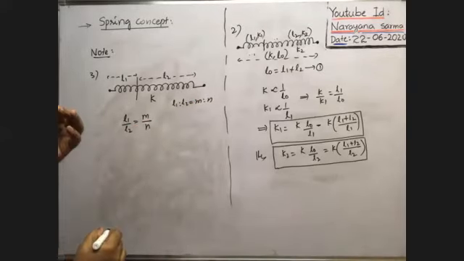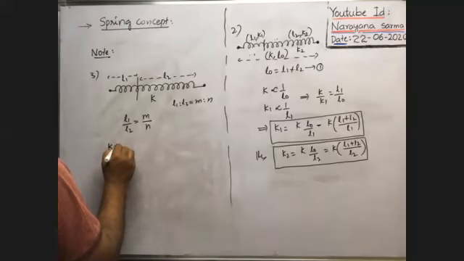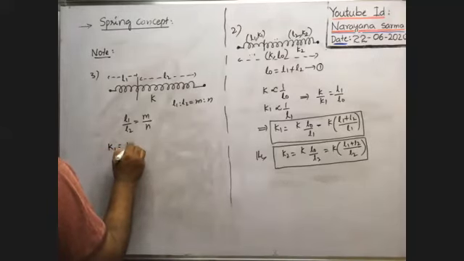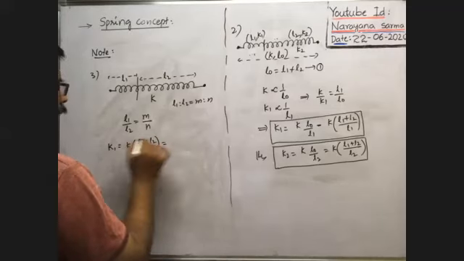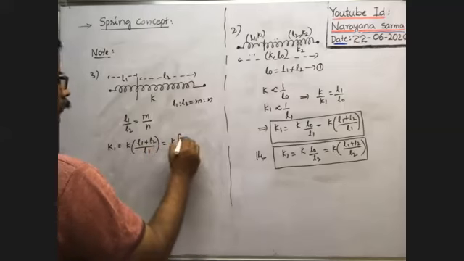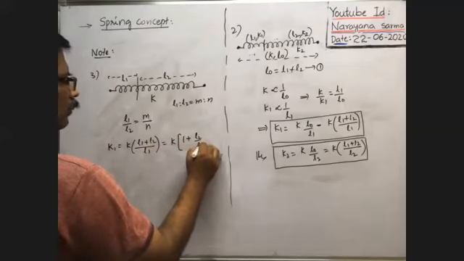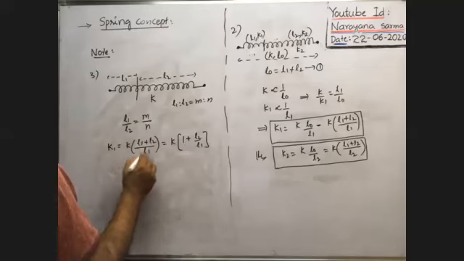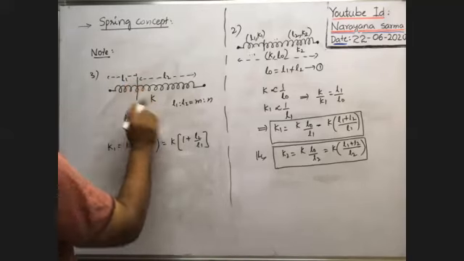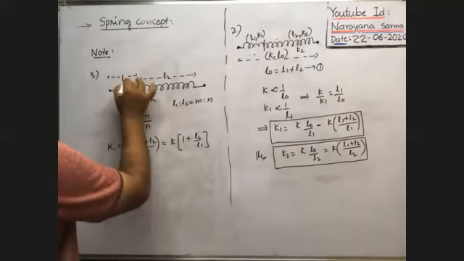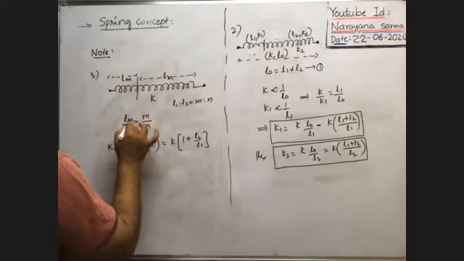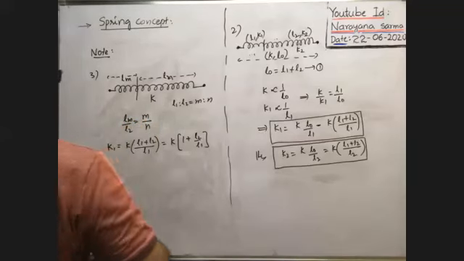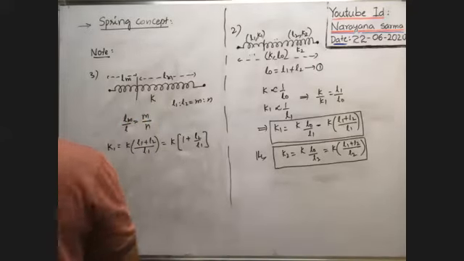Now, from this formula, K1 is equal to K into (L1 plus L2) by L1. Split them: K into (1 plus L2 by L1). Since it is divided in the ratio m:n, we can call these lengths Lm and Ln, so that we can easily remember these formulas.